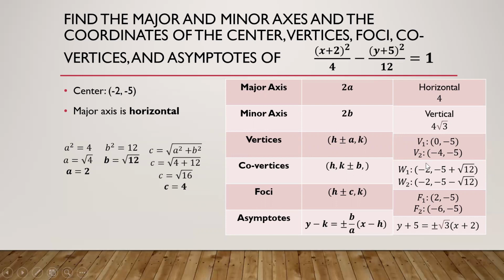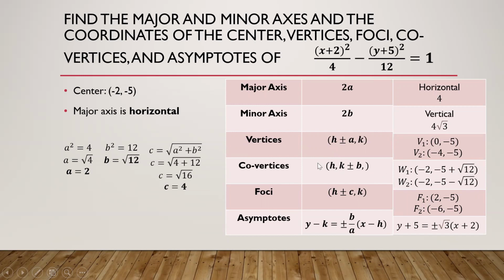So for our first co-vertex, that's -2, comma k plus the square root of 12, or k plus b, where b is square root of 12 and k is -5. So for the next co-vertex, that's h, comma k minus b. So we can just put in the value. You can just leave it at that because we have a square root right here.